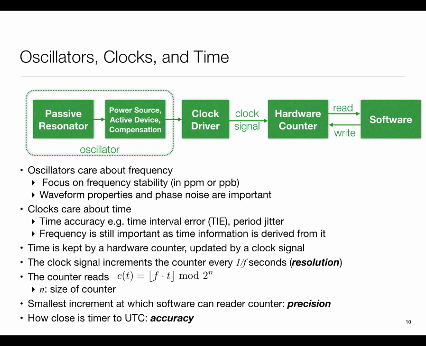So we keep reading this hardware counter once in a while and map it into some sort of software structure, which is where we are saying, according to my preferred time coordinate system, that's the time. And the Y2K problem was that that data structure was maintaining only 2 year digits because it was assuming everything was 20th century. So it was a representation of that object in the software.